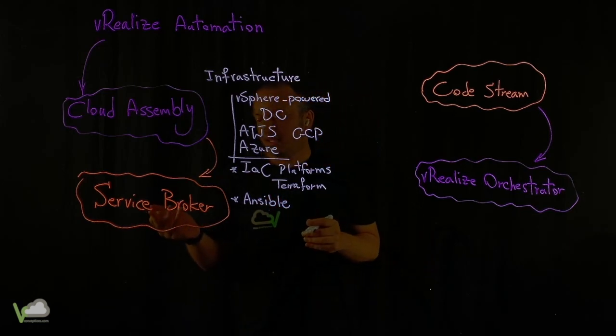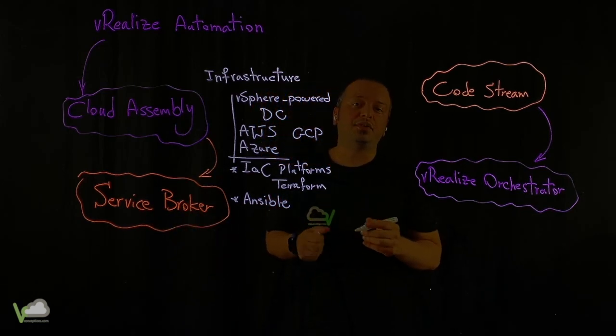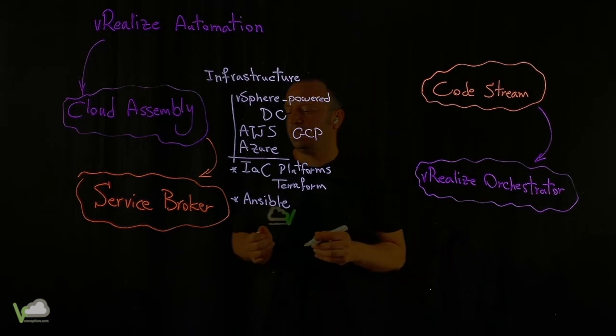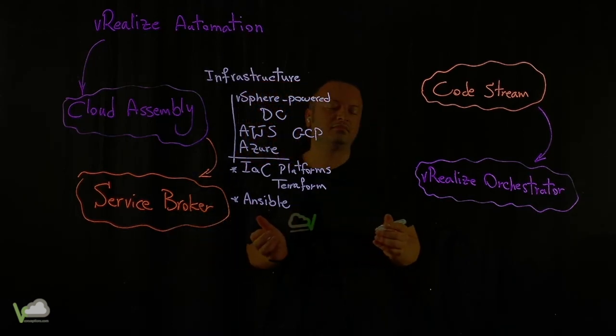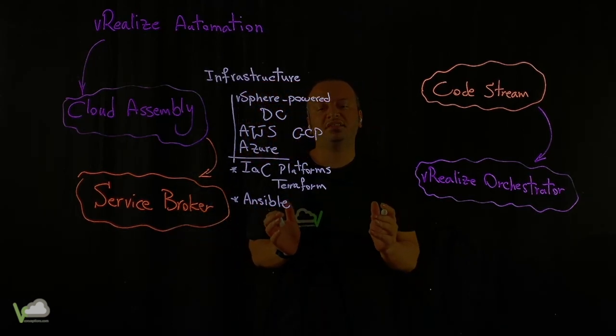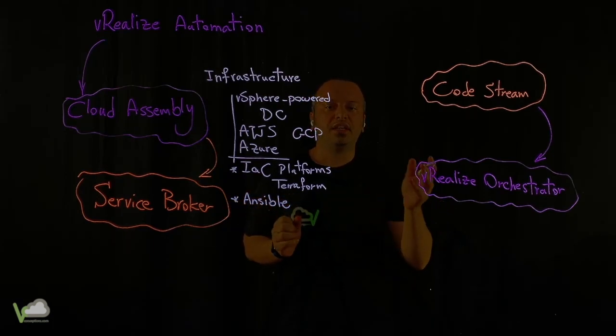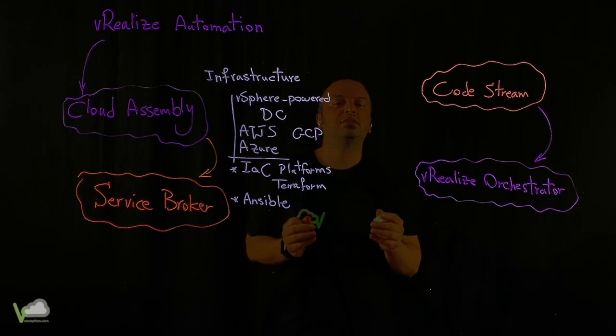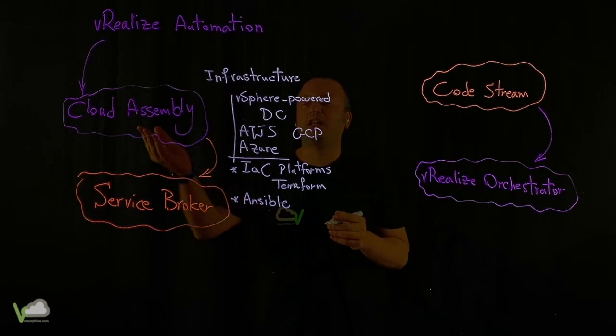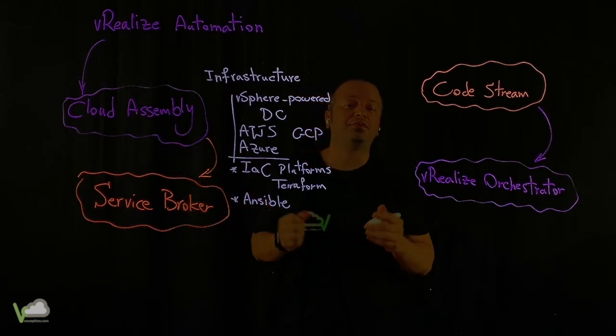So the next component is Service Broker. A service broker is like a proxy. A proxy sits between two things, and those two things are your end users or simply your customers, and Cloud Assembly, your infrastructure.